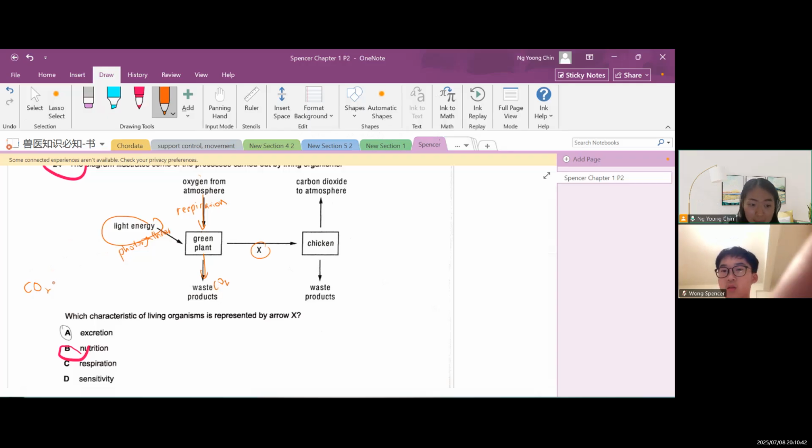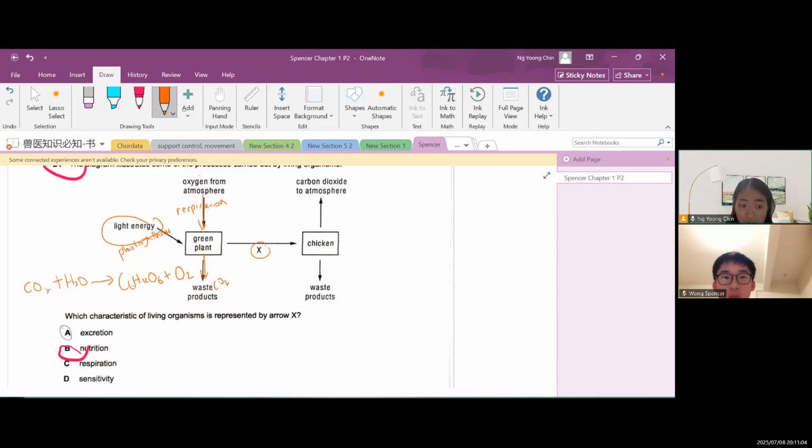It's carbon dioxide plus water. They require the water. And then you have glucose, C6H12O6, and release oxygen. So this X, this green plant, they will do photosynthesis.